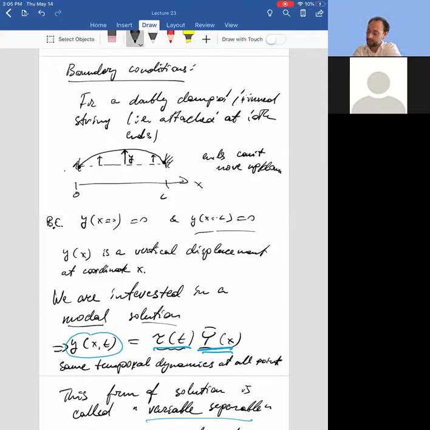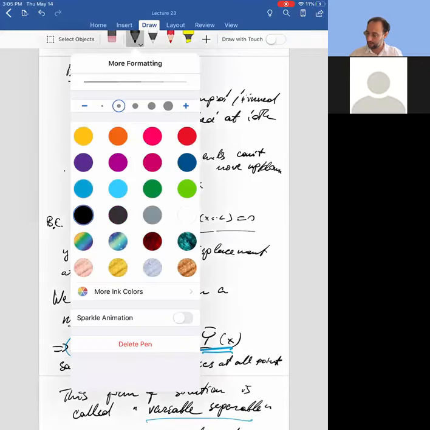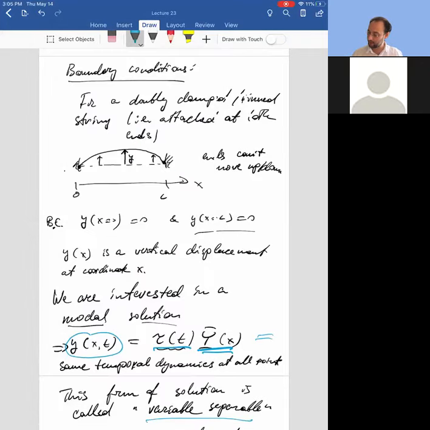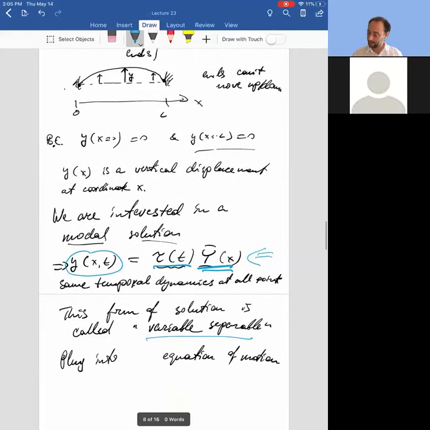In other words, we're interested in a solution in which the two variables separate, in which the actual function for the displacement of a string at point x, time t, separates into a product of some function of time and some function of space, which I call tau and big Y. This is the form of the solution that we're seeking. If we're seeking modes, we're seeking this kind of solution.